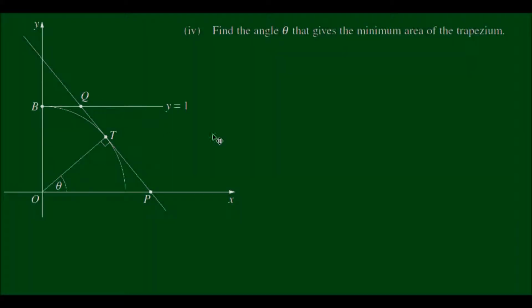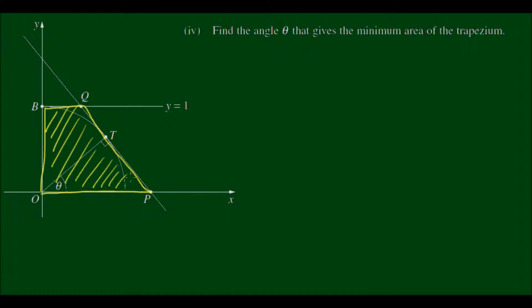Okay, so the final part of the problem is to find the angle theta that gives the minimum area of the trapezium. So the area of the trapezium, as we can see, is dependent on the value of the angle theta.